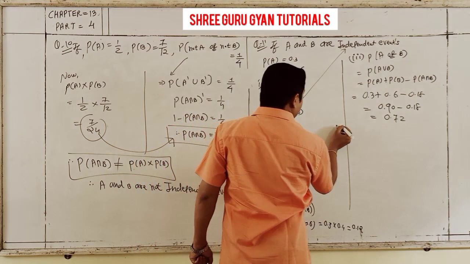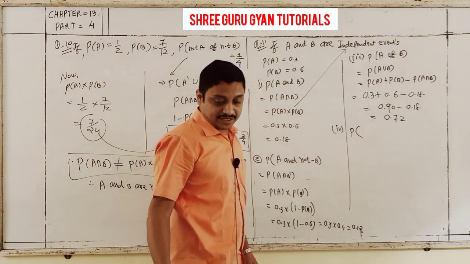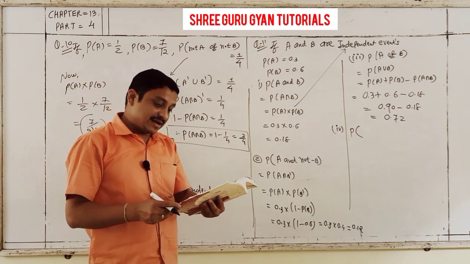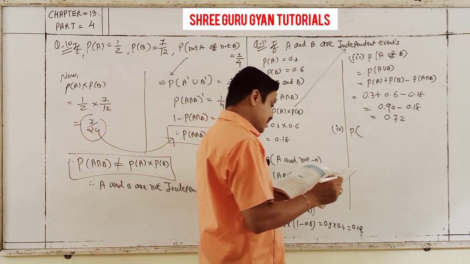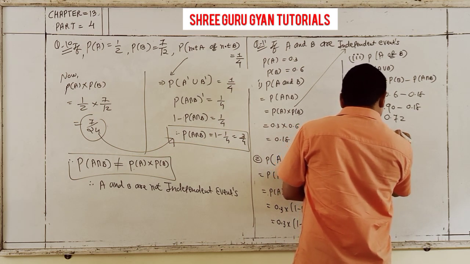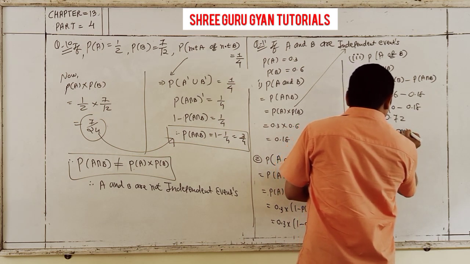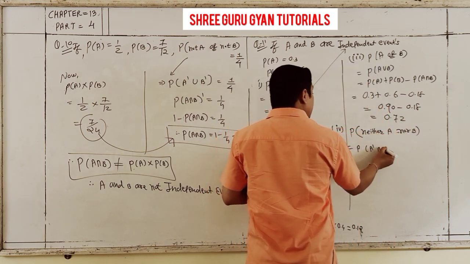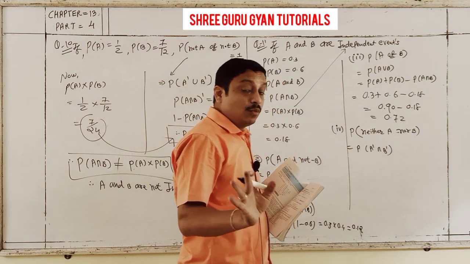Now the fourth one. The fourth question asks for the probability that neither A nor B. Probability of neither A nor B. It means A dash and also B dash, both not covered.